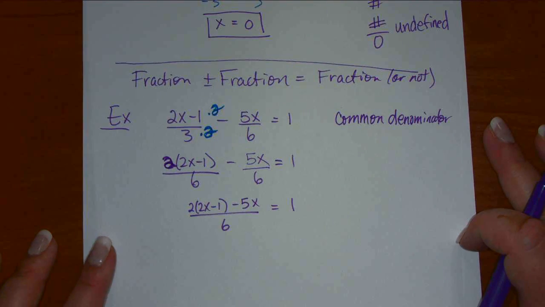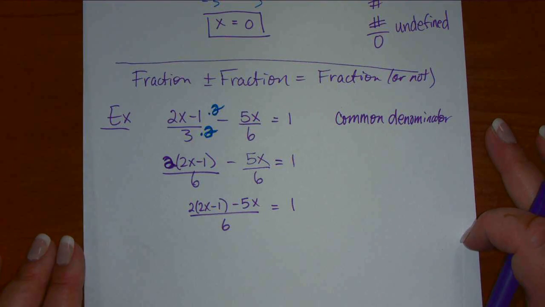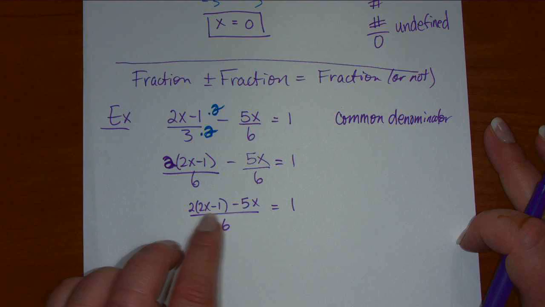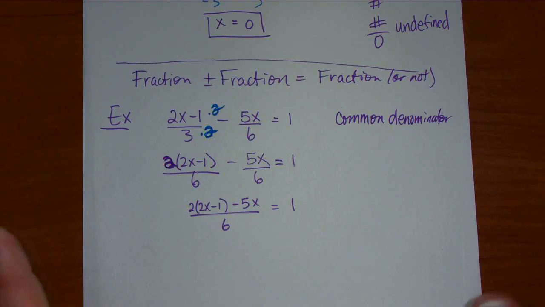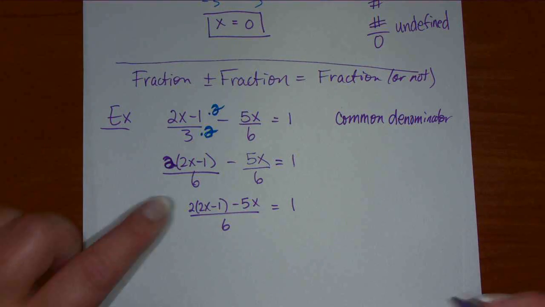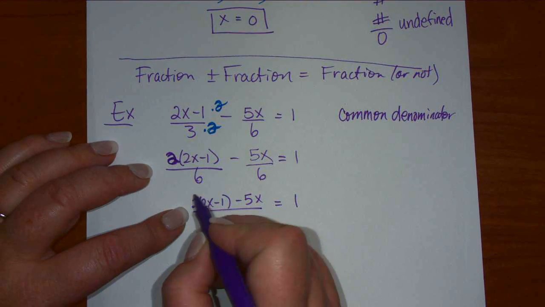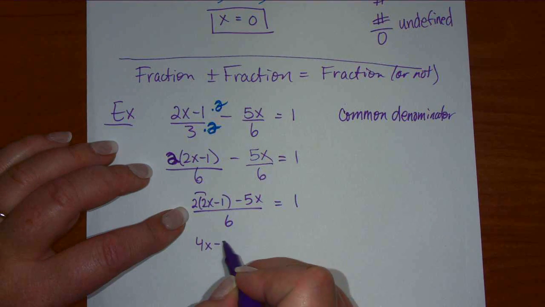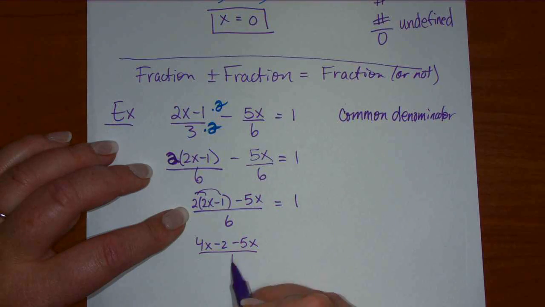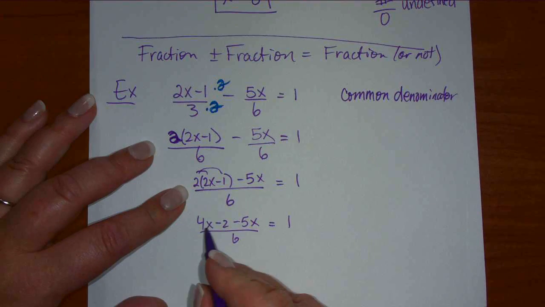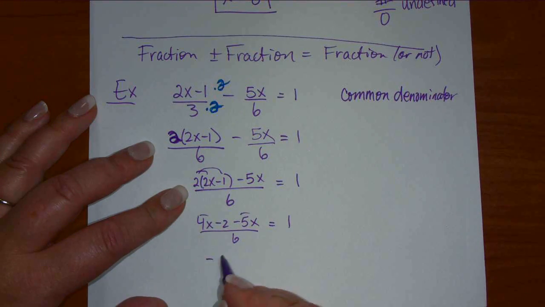So now what? You could simplify the top here, or you could notice that it's a fraction equals a number and cross multiply. Either step. We can work this out. This will be 4x minus 2 minus 5x. 4x minus 5x is minus x. There.